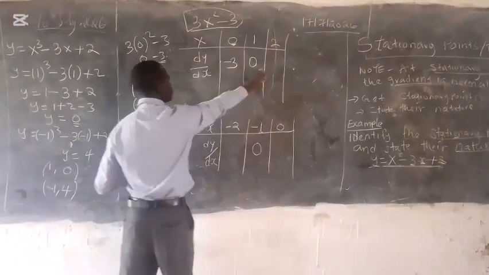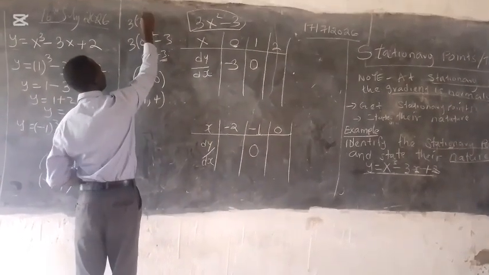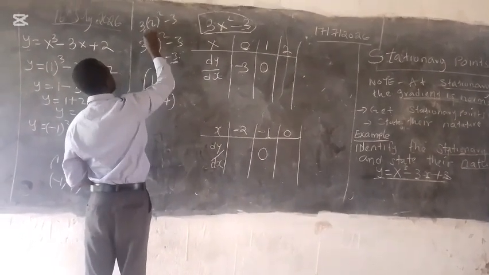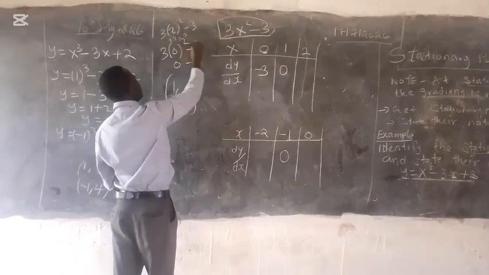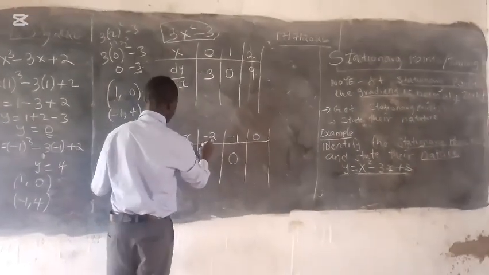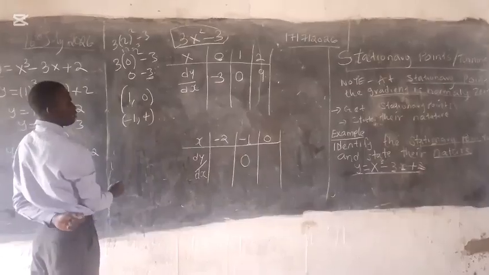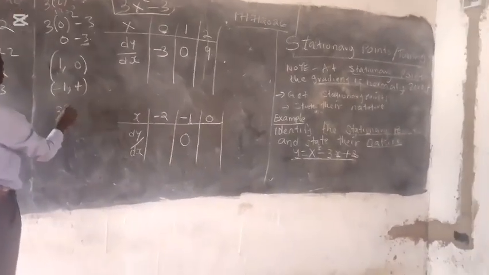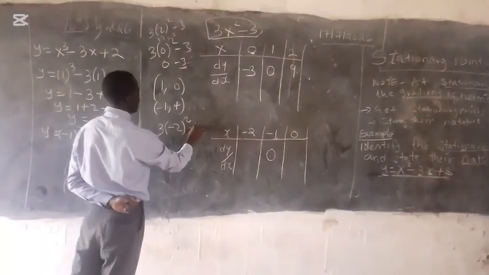We also replace with the 2. We say 3 into 2 squared minus 3. So 2 squared is 4, 4 times 3 is 12, minus 3. It will become 9. Then here we also fill the table using the same derivative function, 3 into negative 2 squared minus 3.